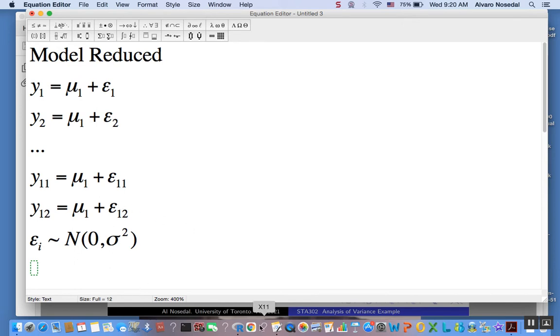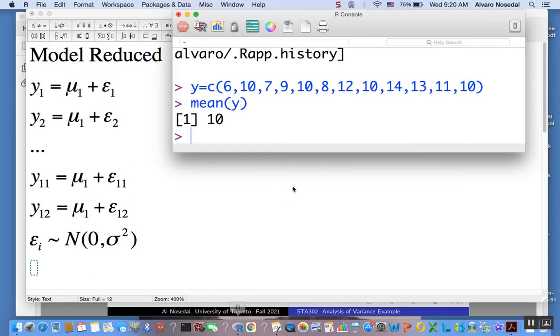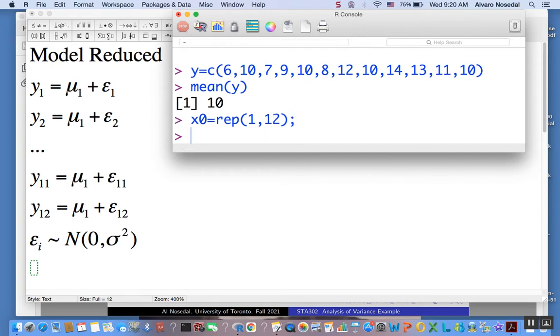As I said, our design matrix x in this case is just a column of ones. Let me call that single column x0, and what I want is to repeat the number 1 12 times.